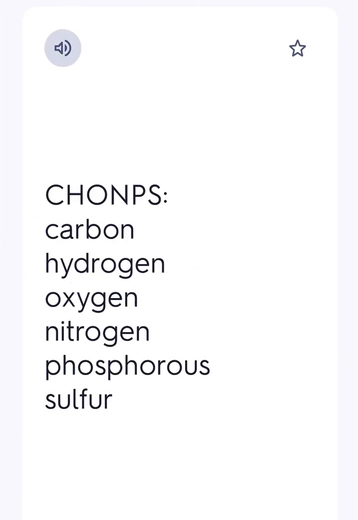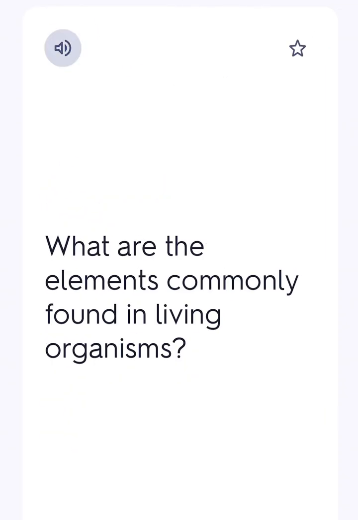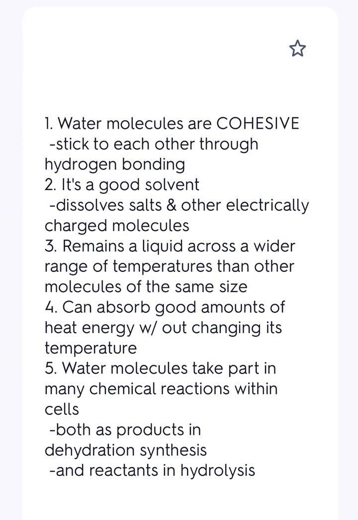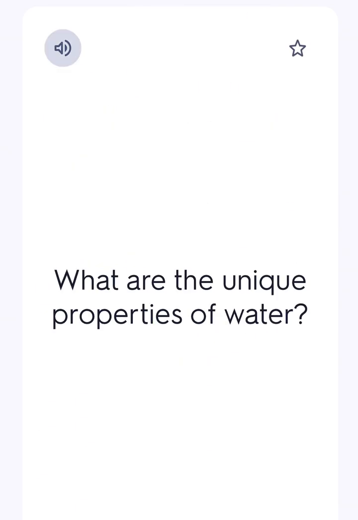CHONPS: carbon, hydrogen, oxygen, nitrogen, phosphorus, sulfur. What are the elements commonly found in living organisms? What are the unique properties of water?